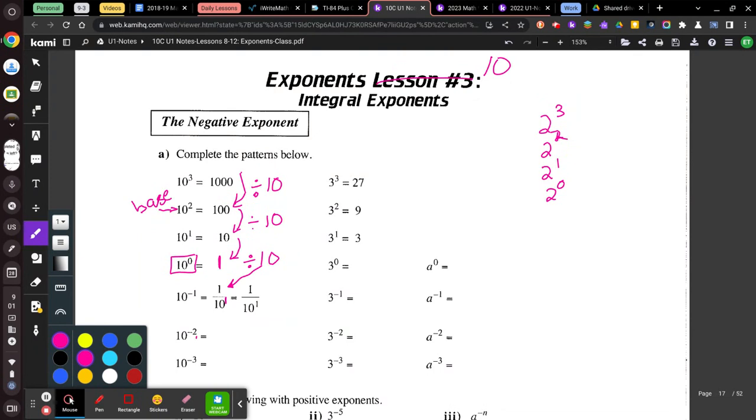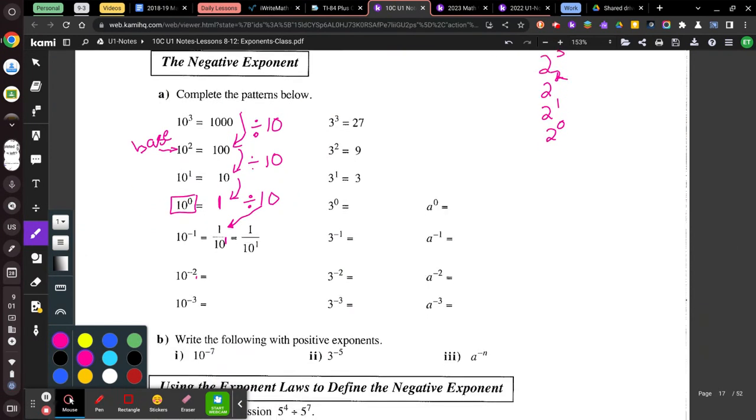So this is going to be 1 over 10 squared, 1 over 10 cubed. And that tells us how many zeros we have. So that would be 1 over 100 and 1 over 1,000.